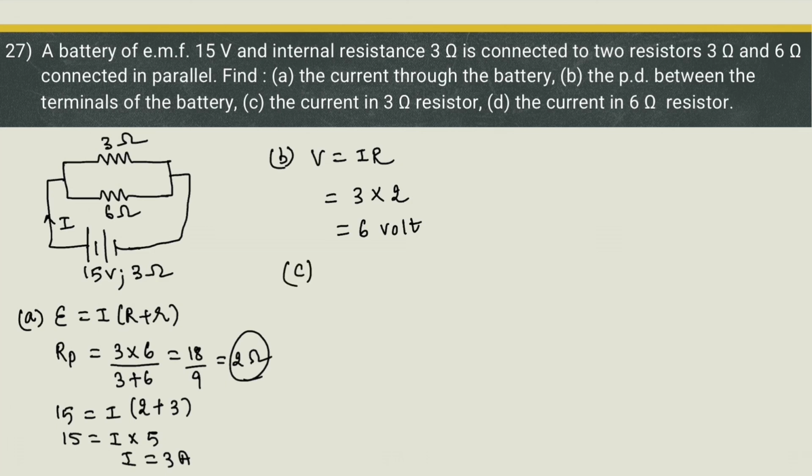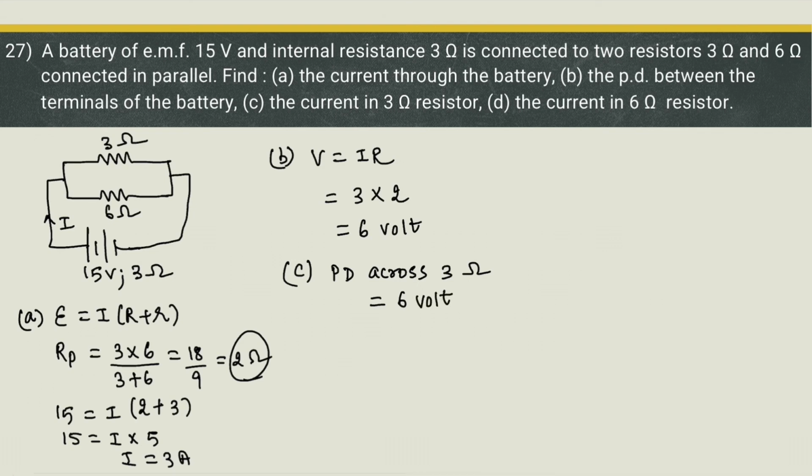C. Current in 3 ohm resistor. So to find current in 3 ohm resistor, we should know what is potential difference across 3 ohm. And here potential difference across 3 ohm will be same as terminal voltage provided by the battery, which is 6 volt.